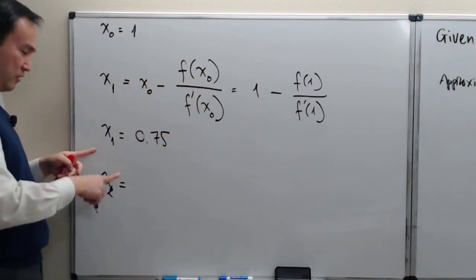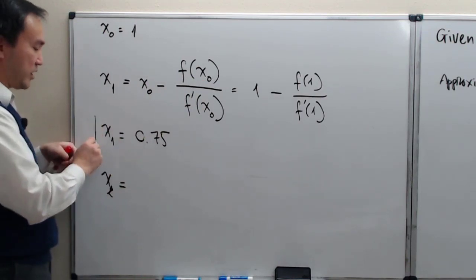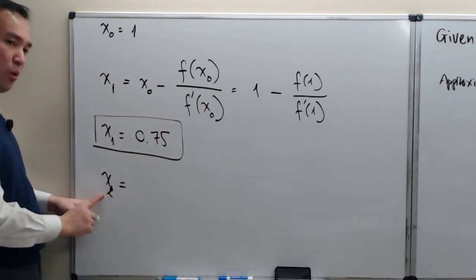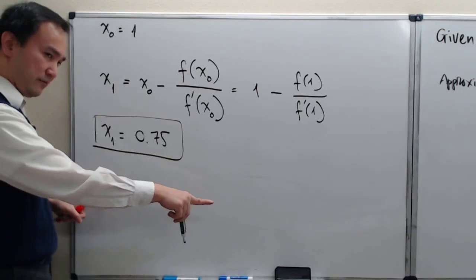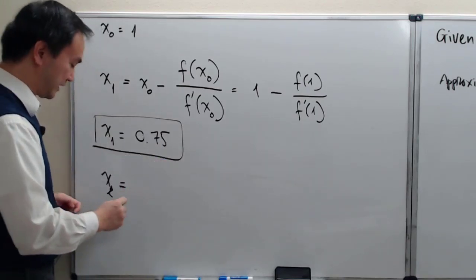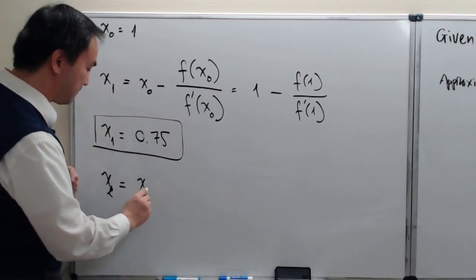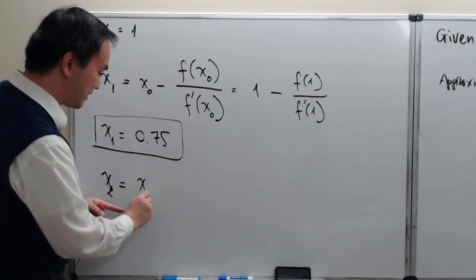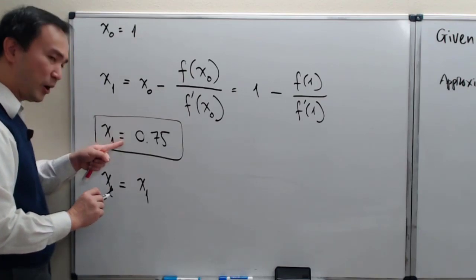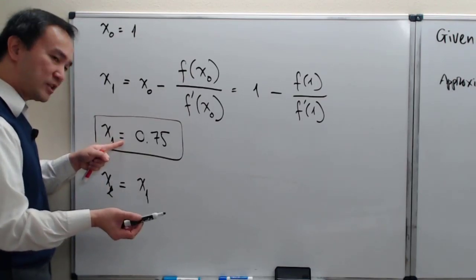So we successfully calculated x1. Now if we want to find x2, tentatively closer to the actual root of the equation, x2 needs to be done using the similar setup. I'm not going to use x sub 0 here, but x1, because we already calculated it and have the value available.